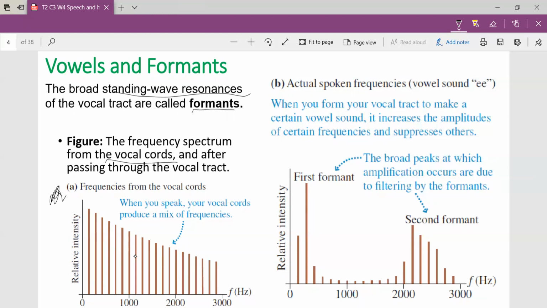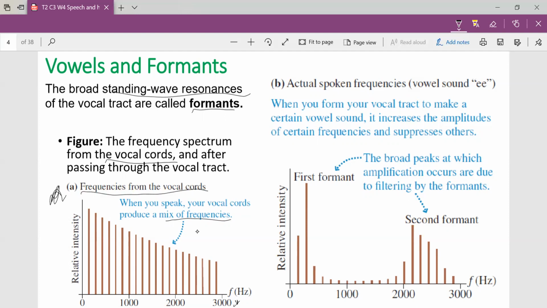So these are the frequencies from the vocal tract, represented from 0 to 3000 Hz. So when you speak, your vocal cords produce a mixture of frequencies, just like when you play a note, but one is going to be distinct. That is the one called the fundamental frequency.